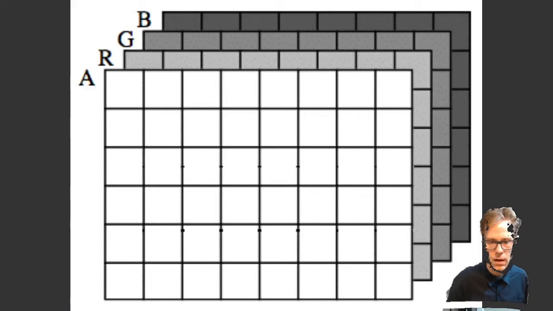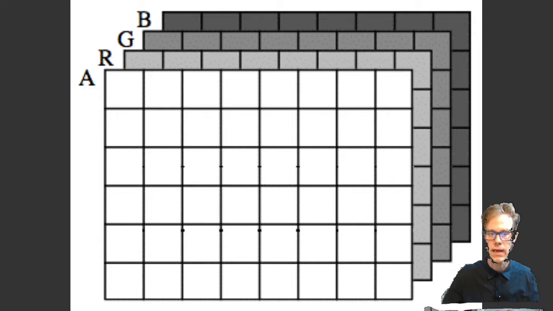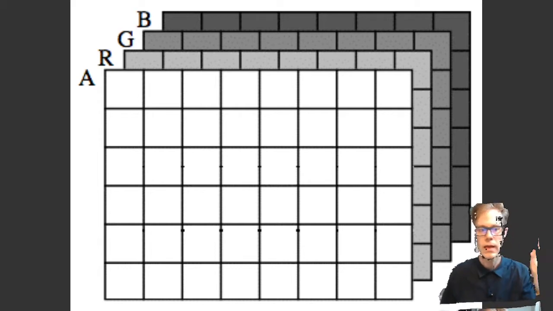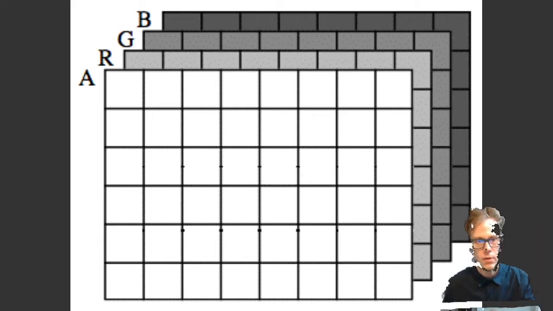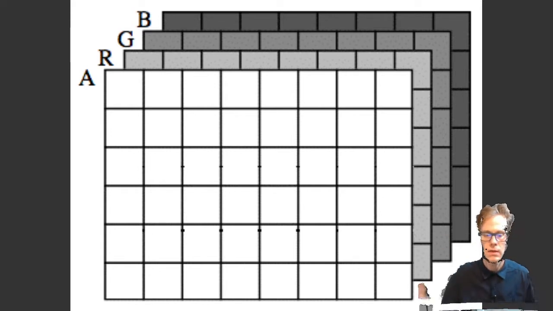So when we are representing color values, we typically use 8-bit data on every layer of these planes. So we'd have 8 bits for alpha, 8 bits for red, 8 bits for green, 8 bits for blue. And that's going to be enough of a dynamic range to cover the entirety of human vision.